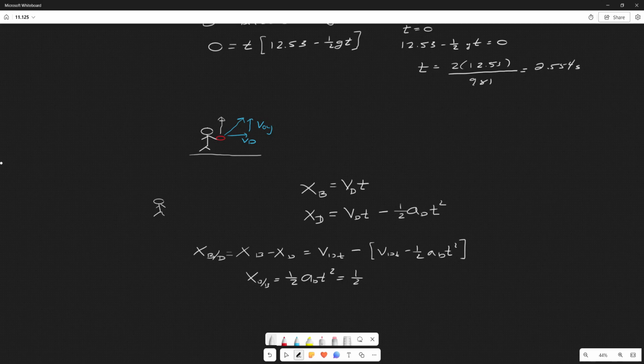For this particular problem, it's 1/2 times 0.3 times 2.554 squared. And when I work this out, I got that the distance the ball moves with respect to the deck, x sub bd, is equal to 0.9786 meters.